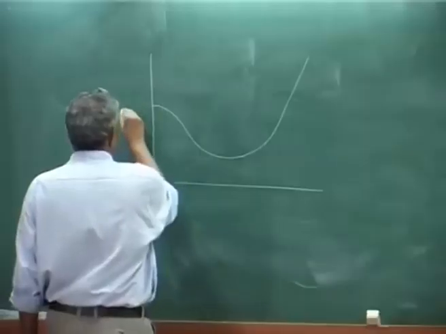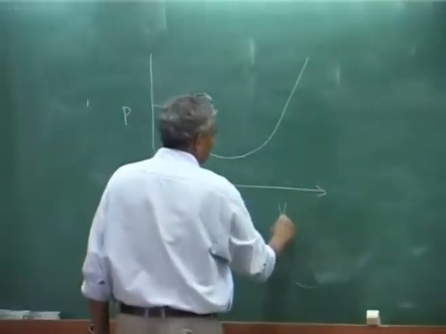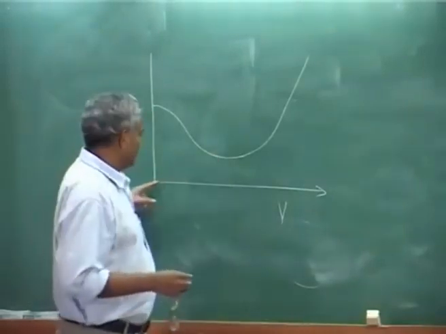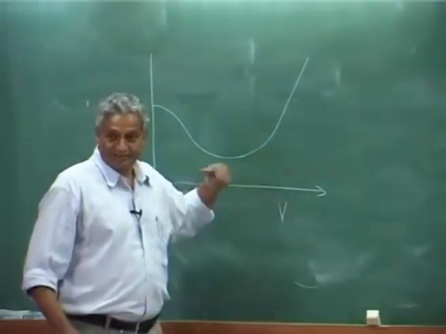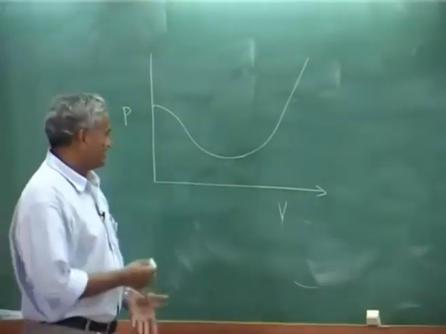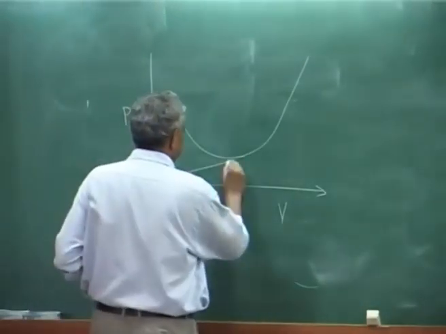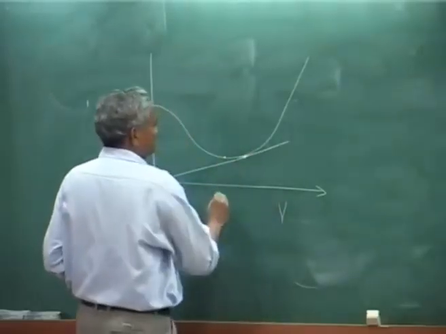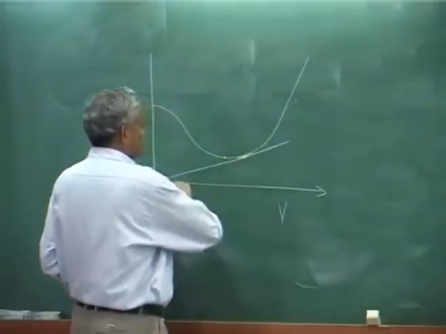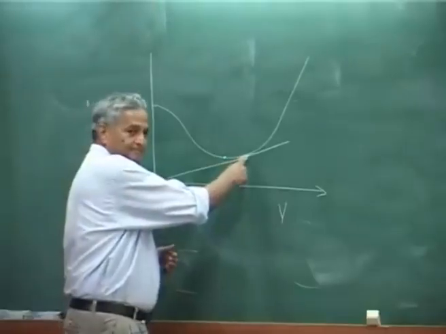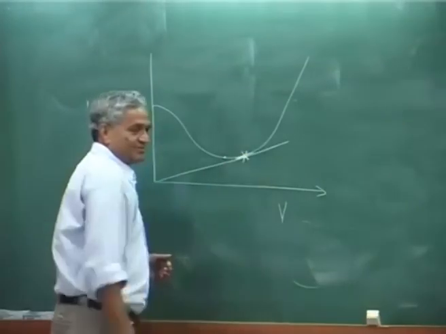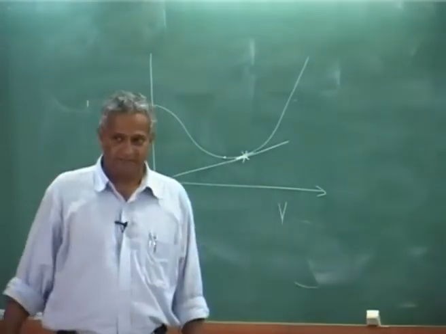So, it goes like this. This is power versus velocity. There is a minimum, and we drew for range, maximizing the range. This is the velocity, this is the minimum, this is the slope P over V; wherever it meets, that velocity is for maximum range.